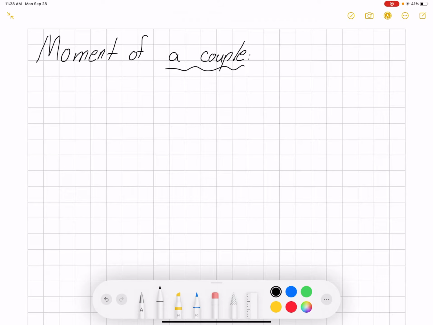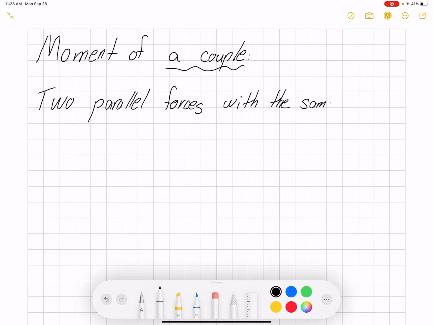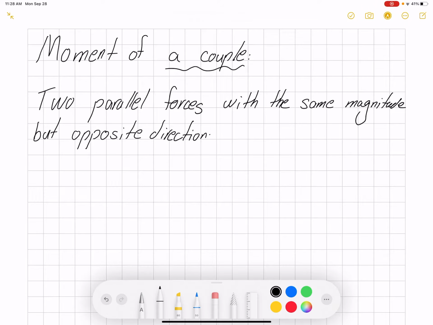A couple is two parallel forces with the same magnitude but opposite direction. As long as the forces have the same magnitude but opposite directions, we can call them a couple.